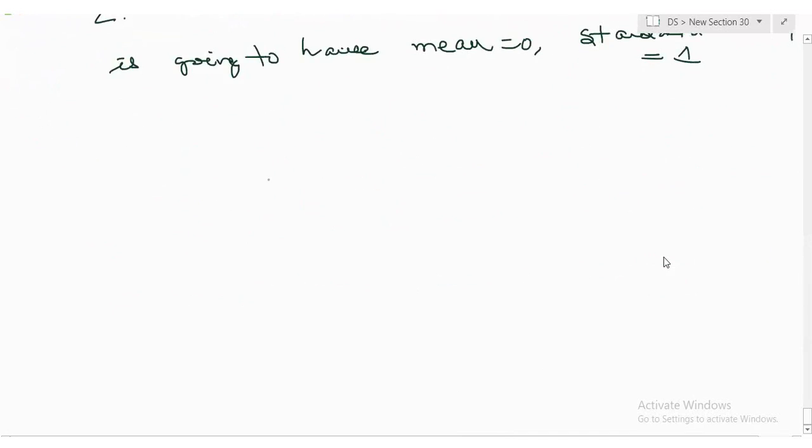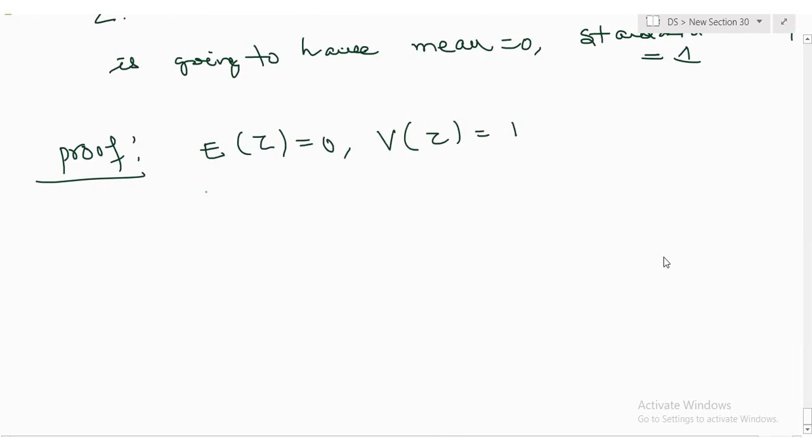Let us verify that. Proof. E of z is always 0. V of z is always 1. Why? I'm doing the proof. Let us look at it. What is the E of z?